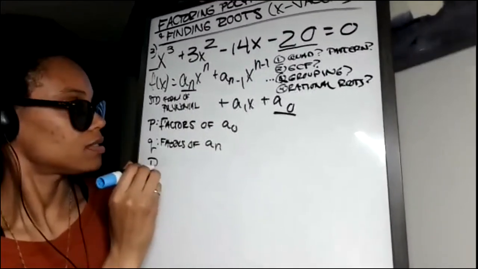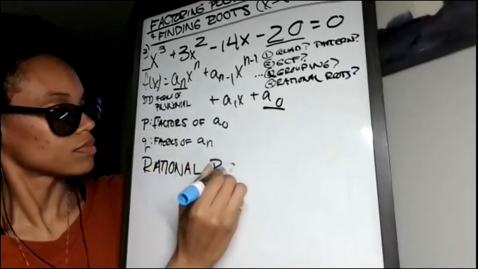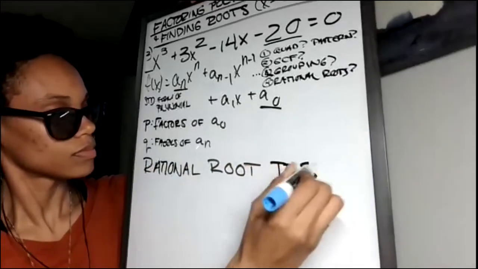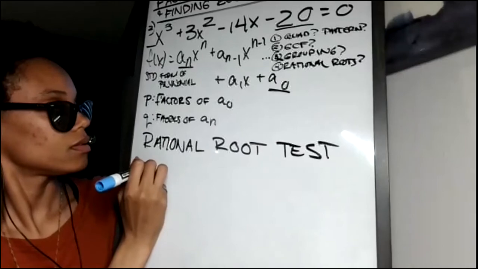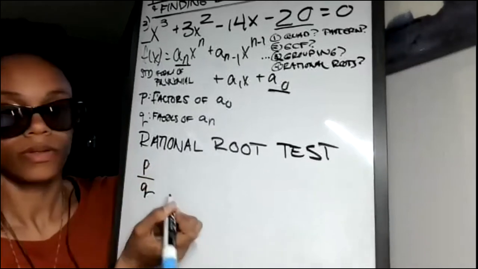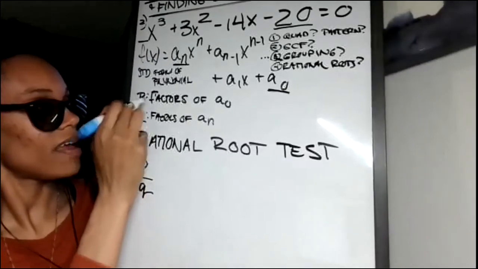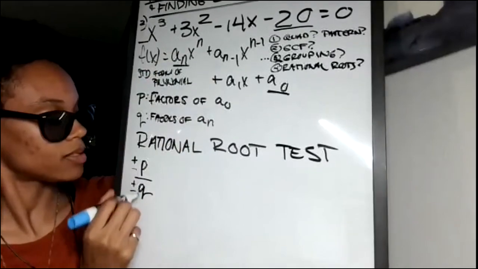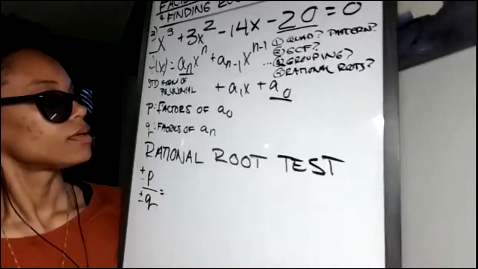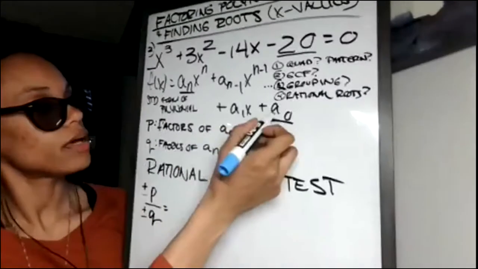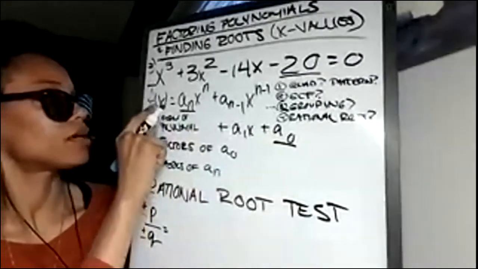And your rational roots test will say that P over Q, so any factor of A_0 over your factors of A_n, plus or minus, equals the plus or minus factors of A_0 over the plus or minus factors of A_n.